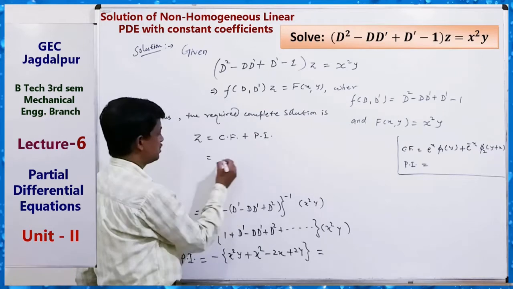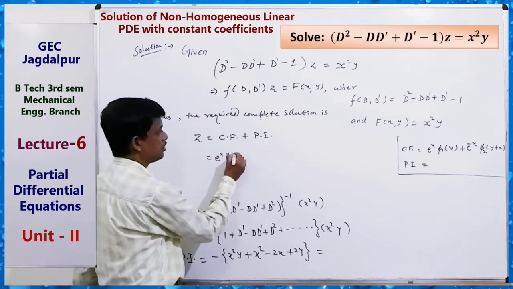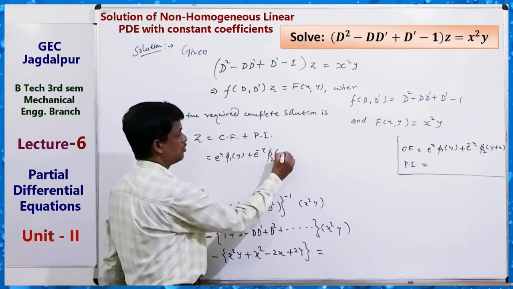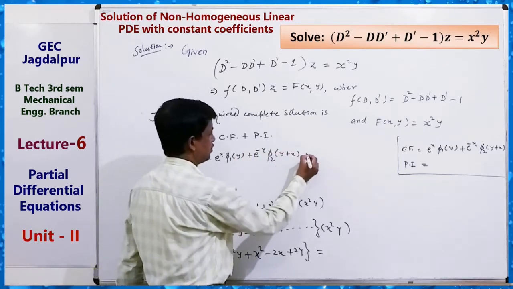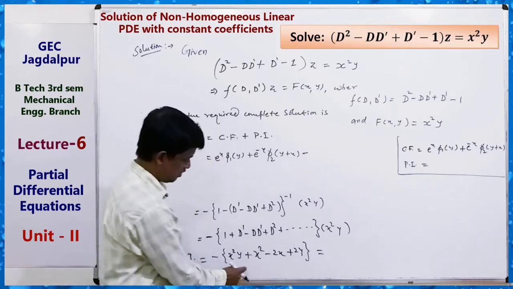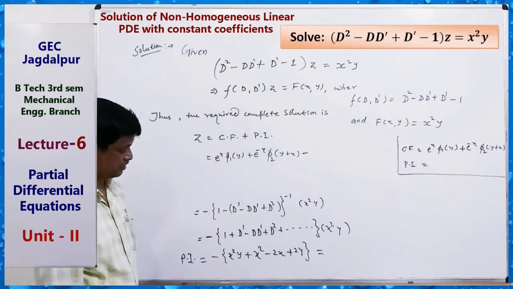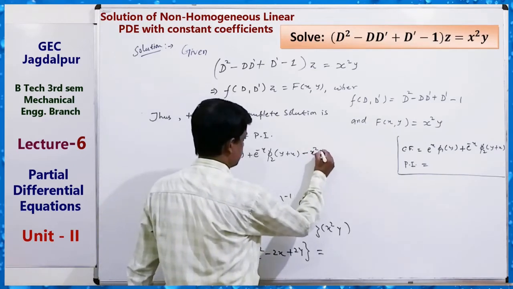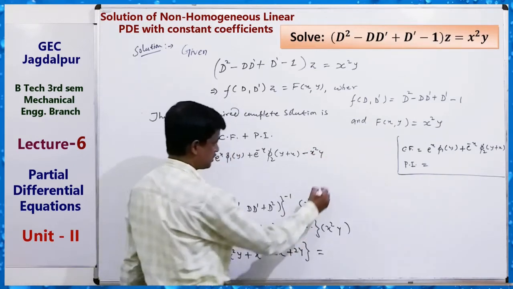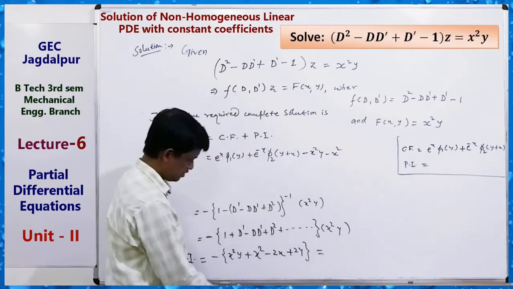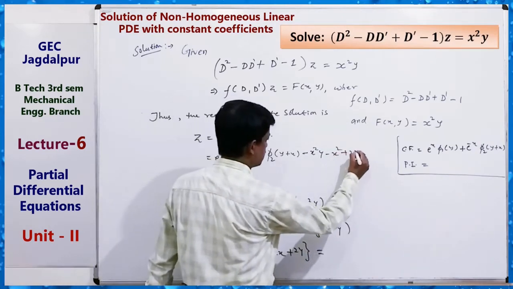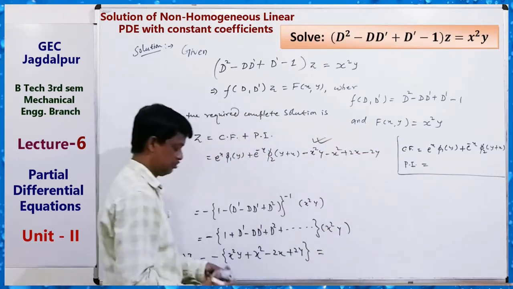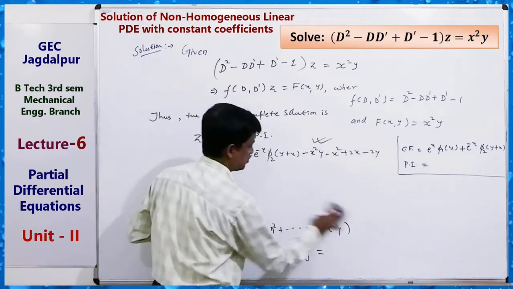CF means this: e to the power x phi 1 y plus e to the power minus x phi 2 y plus x, minus this part. You can write minus of x square y minus of x square plus of 2x minus of 2y. So this is our complete solution of this question.